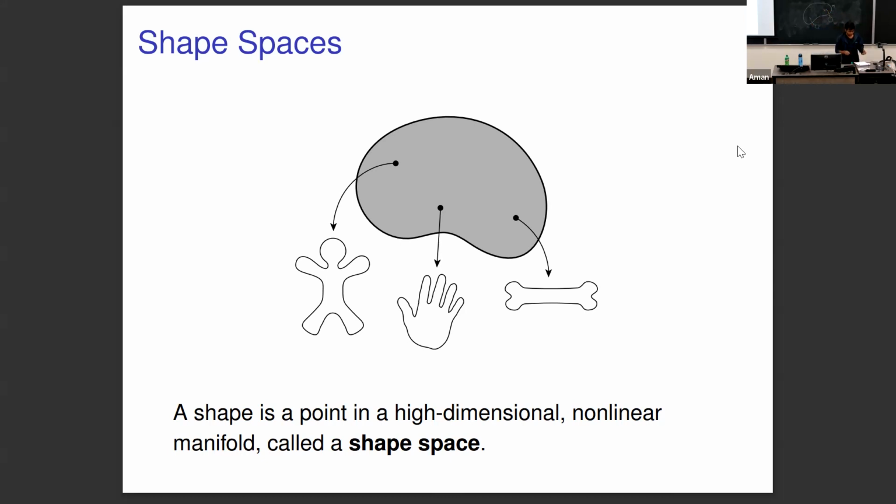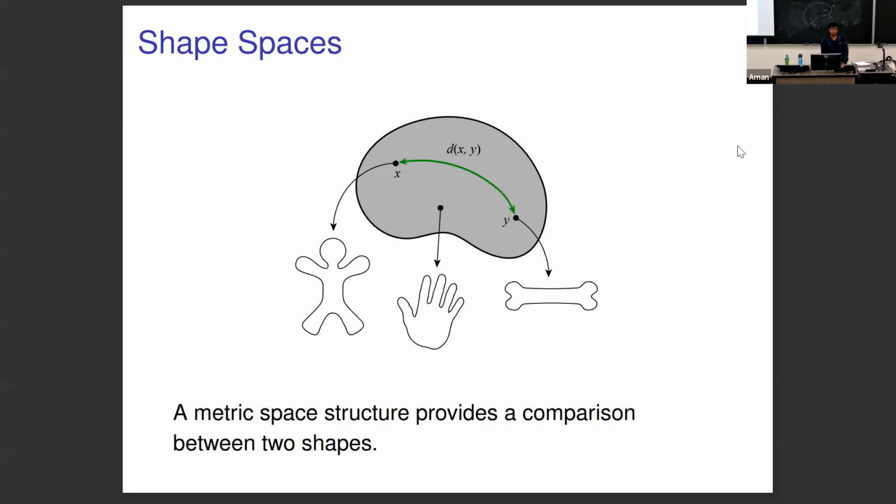In addition to this, we also want the shape space to have a metric structure, which means that you should be able to identify the distance between these two points. The reason is to be able to compare shapes. We want the shape space to have meaning: let's say this is a square and you have a slightly rounded square.